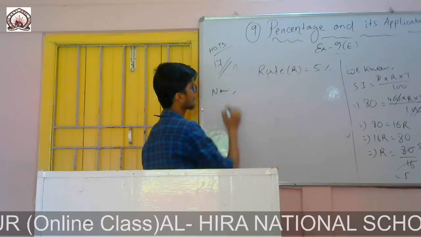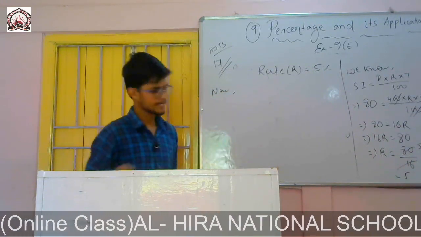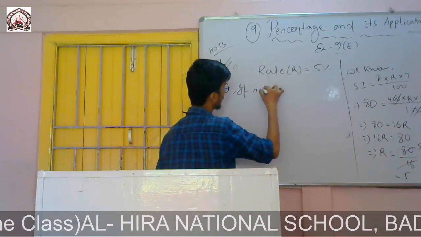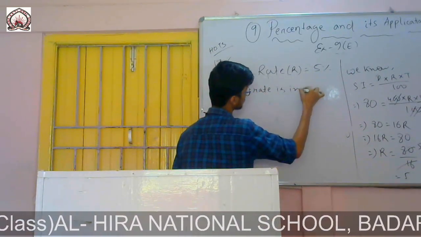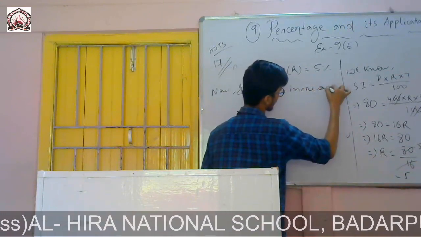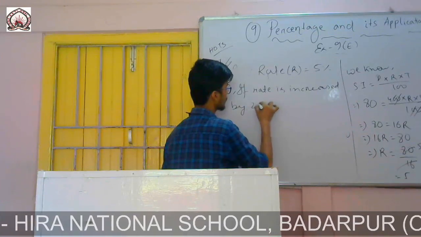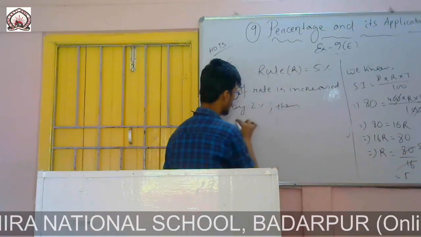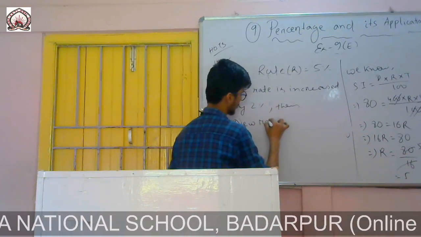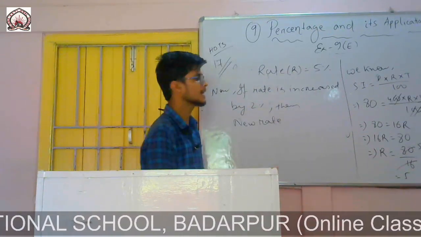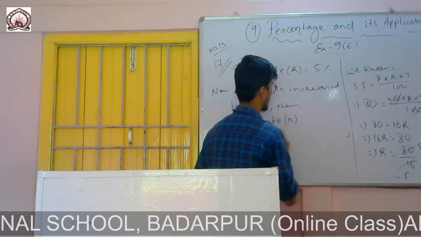Now, if the rate is increased by 2%, then the new rate will be equal to 5 plus 2%, which is 7%. I had written the earlier rate as capital R, so I will write the new rate as small letter r.